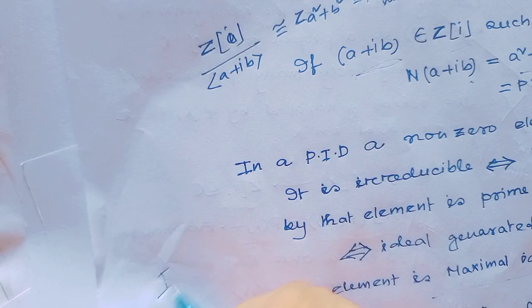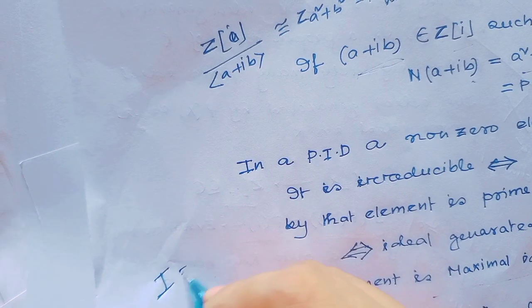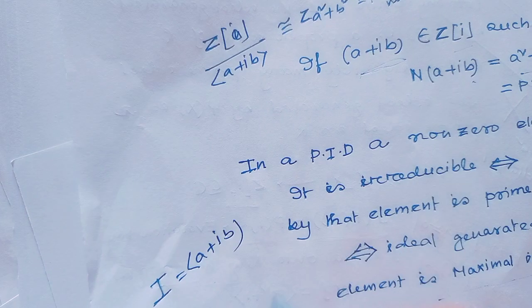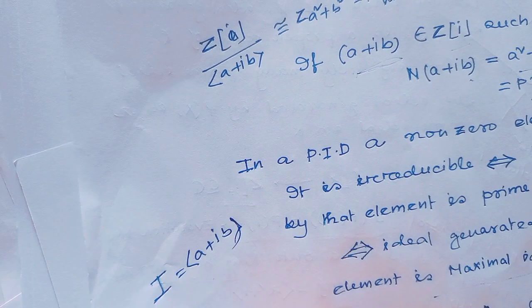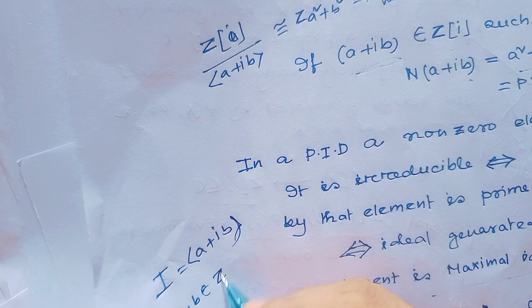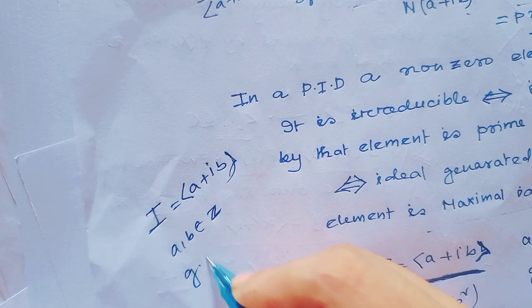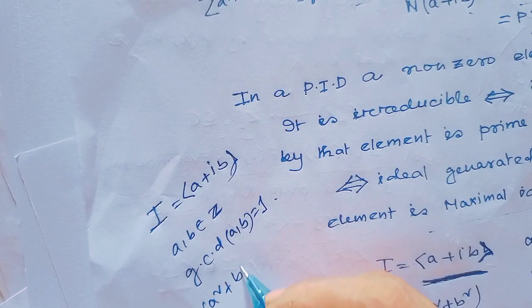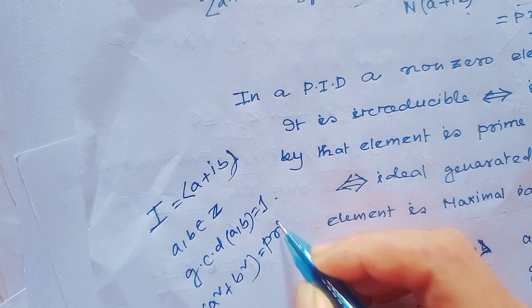As an example, if we consider the ideal generated by a plus ib, where a, b belong to the integers and the GCD of a and b equals 1, then the norm a square plus b square equals a prime integer.